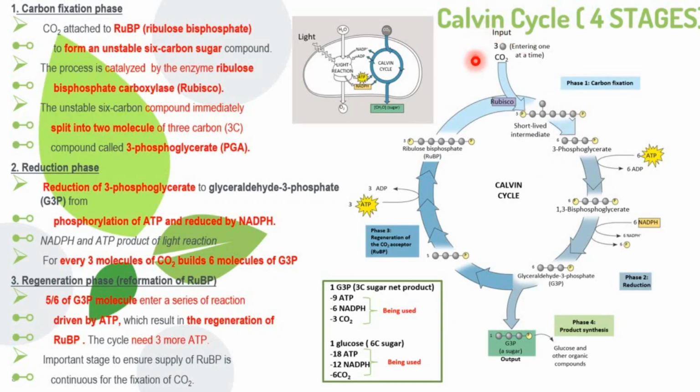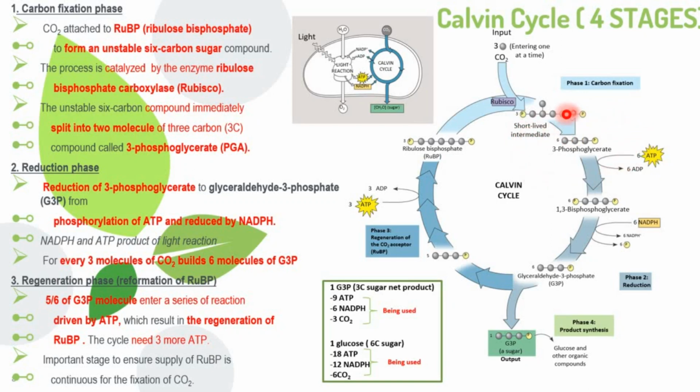Since there are 3 molecules of carbon dioxide, a total of 6 molecules of 3-PGA are produced during the first phase, carbon fixation. This step is catalyzed by the RuBP carboxylase enzyme, or Rubisco enzyme.